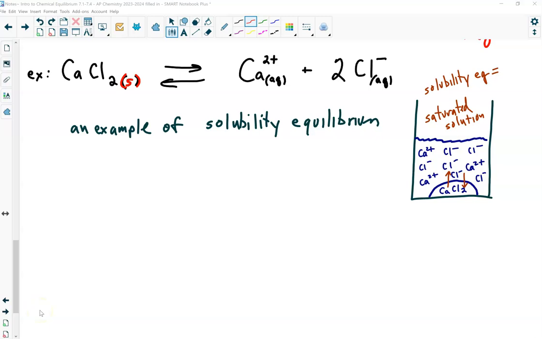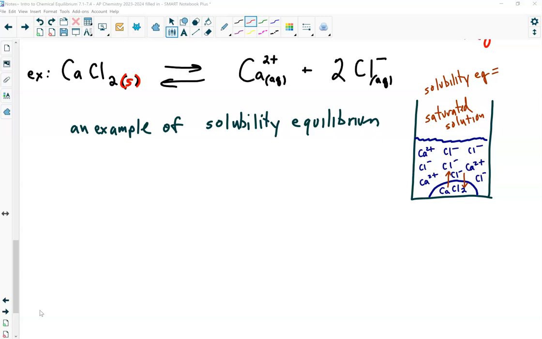Okay, so here's an example again of solubility equilibrium. You have calcium chloride. You put a whole lot of calcium chloride into water and it starts to dissolve. But you know that the water can only hold so many chloride ions and so many calcium ions. And so at some point you have a saturated solution where the undissolved calcium chloride sinks to the bottom of the beaker.